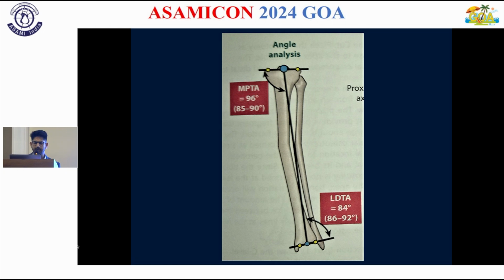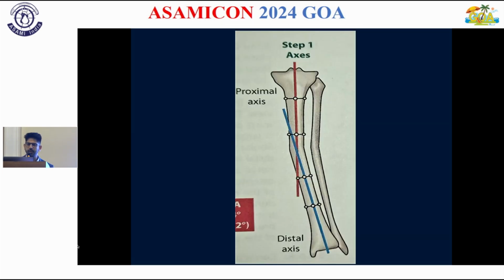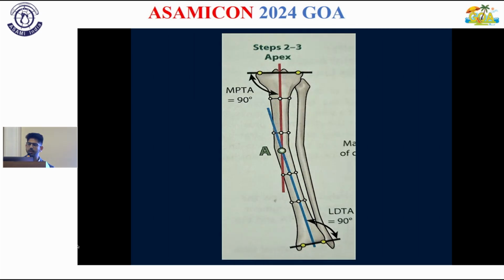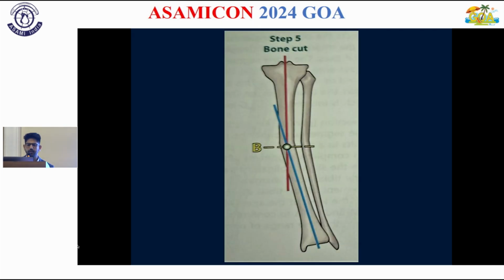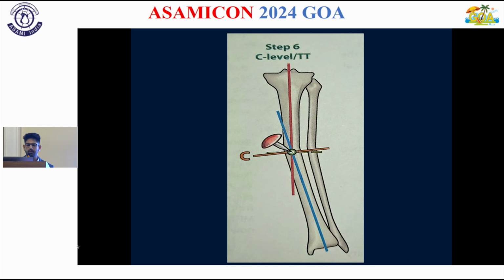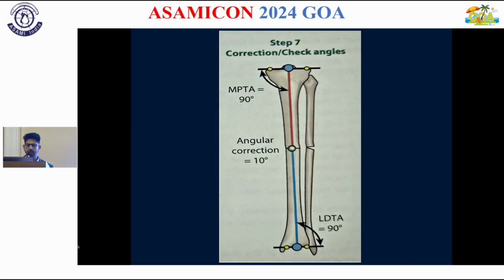If there is a deformity, first we have to go for an angle analysis. Step one is to make the proximal axis and the distal axis. Wherever they meet, that is the CORA, or the apex of the deformity. We check the magnitude of the deformity, make the bone cut, make the hinge, and correct the deformity.